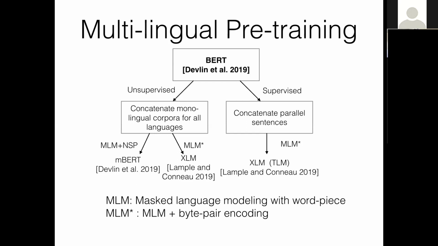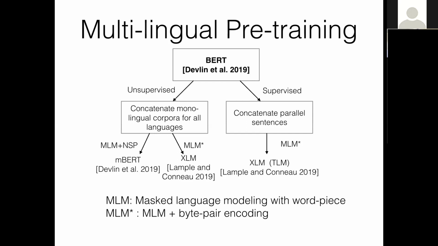There is another variant of XLM called XLM TLM. It's a supervised model which uses this modified MLM objective over parallel sentences. Essentially, one training example consists of the same text in two languages. Similar to BERT, you randomly mask out some tokens from each language.